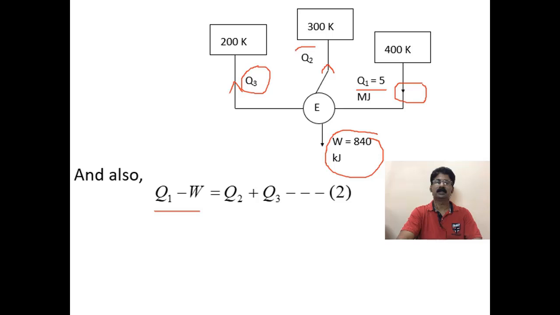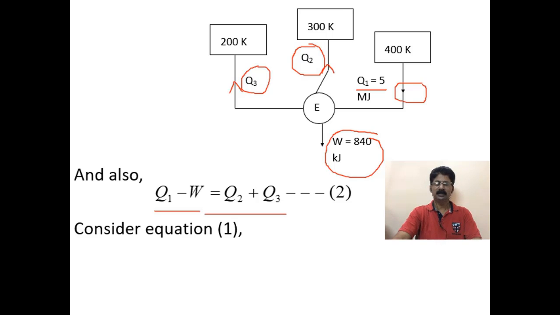So Q1 minus W is equal to Q2 plus Q3. This is simple mathematics. Whatever is entering should be what is going out, or in other words you can write Q1 is equal to W plus Q2 plus Q3, because 1 is entering and 3 are going out. No problem.